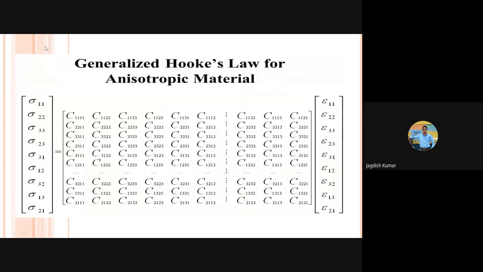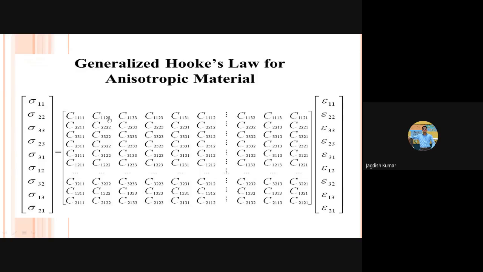This same equation can be written in matrix form. This matrix form is the generalized form of Hooke's law, and it relates stress with strain. If I have to find out sigma 1 1, meaning stress along, say, x direction, we will be seeing the meanings of sigma 1 1 and sigma 2 2 and so on.